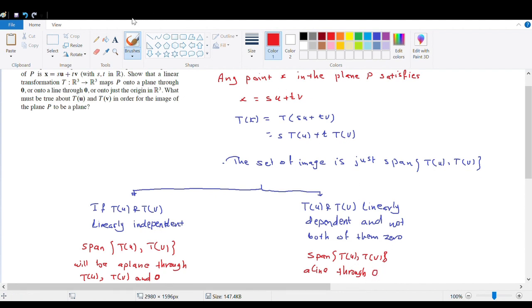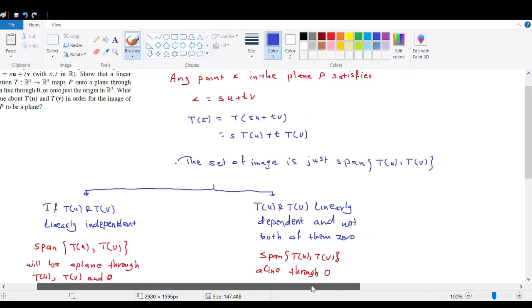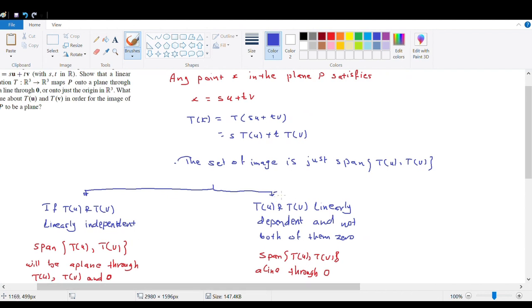Now for the case where TU and TV, both of them are equal to 0. So now if TU is equal to TV, both of them will be equal to 0. So the span 0 will be just a point, the origin.